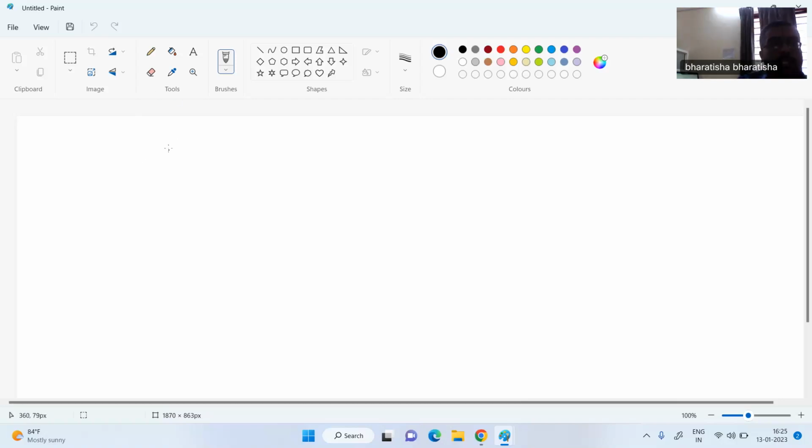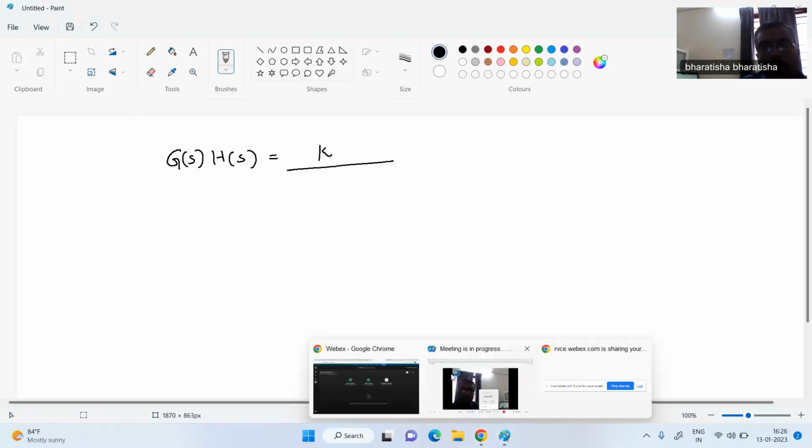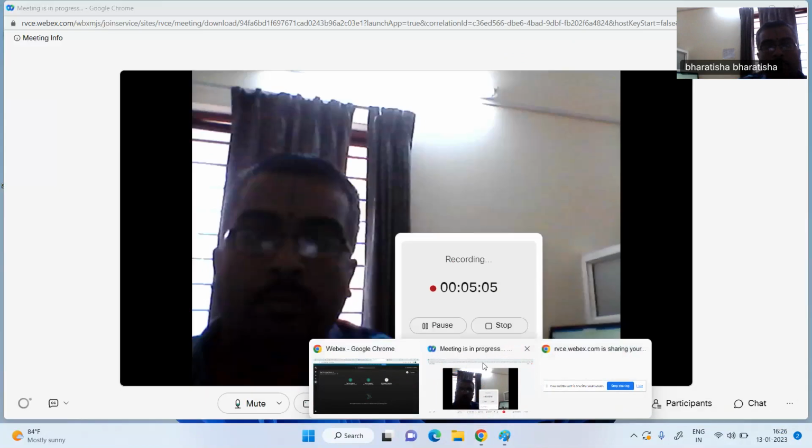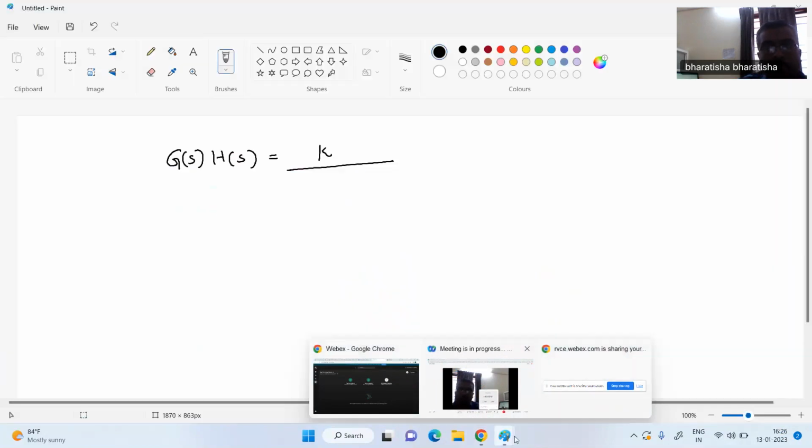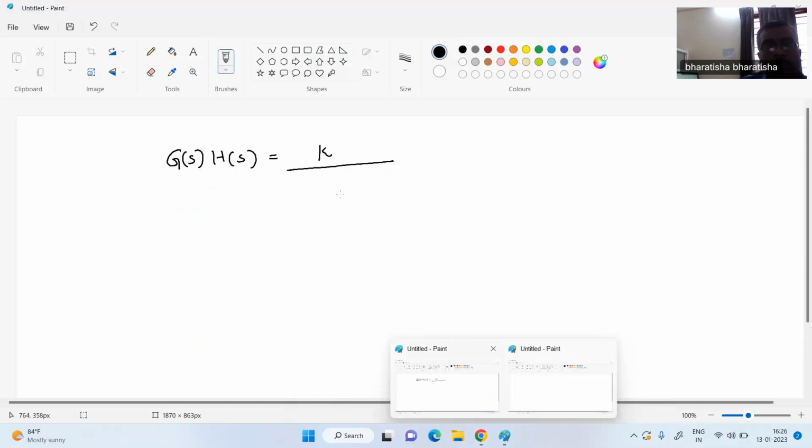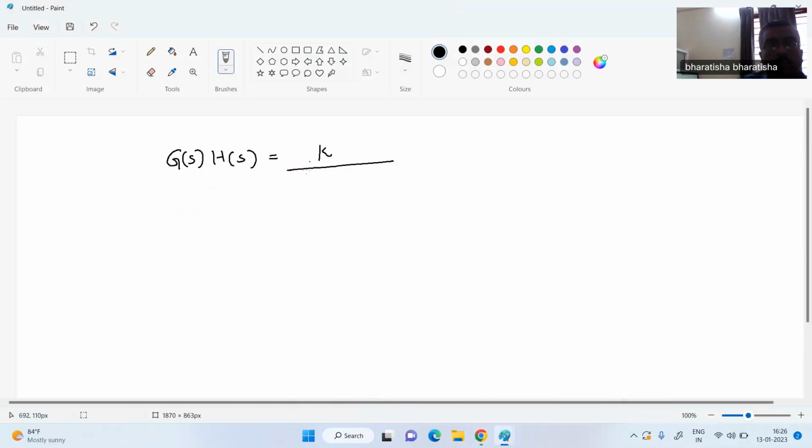The system is given by G(s)H(s) equals K divided by s into (s plus 3) into (s plus 5).